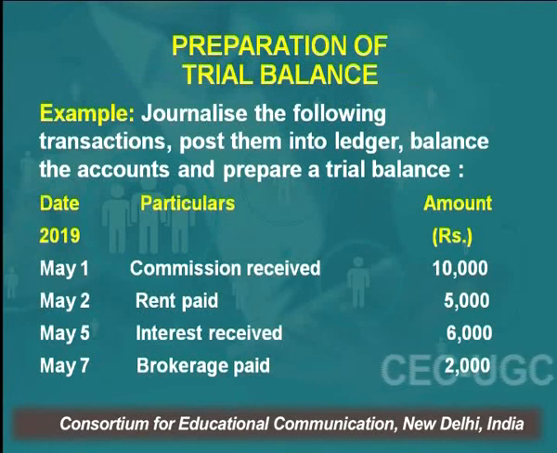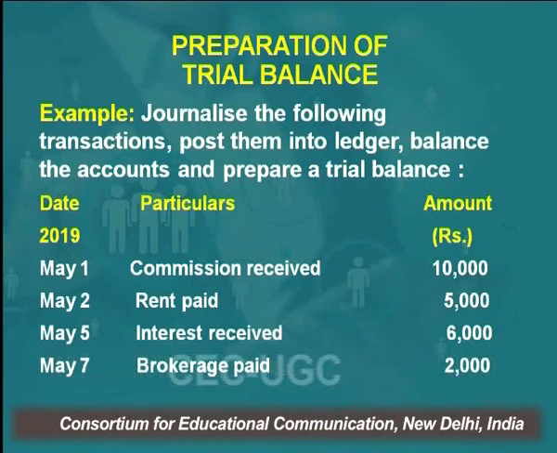Since commission received is an income, here 2 accounts are applicable. One is real account and another is nominal account. Since we are receiving commission, and all incomes come under nominal account, 2 rules are applicable here. Cash comes under real account, and commission received is an income, which comes under nominal account.